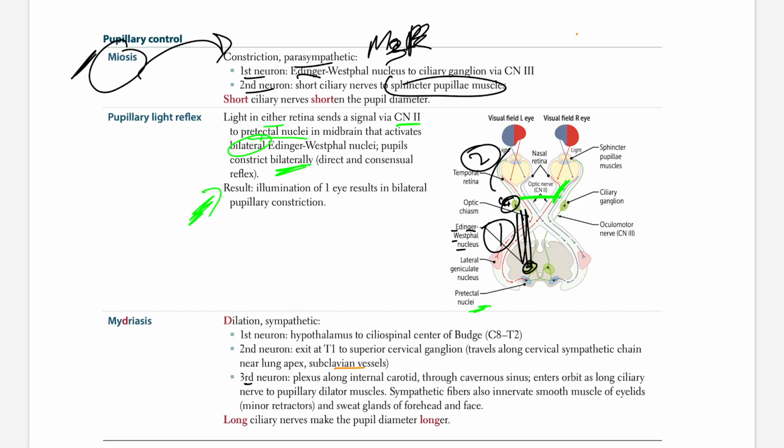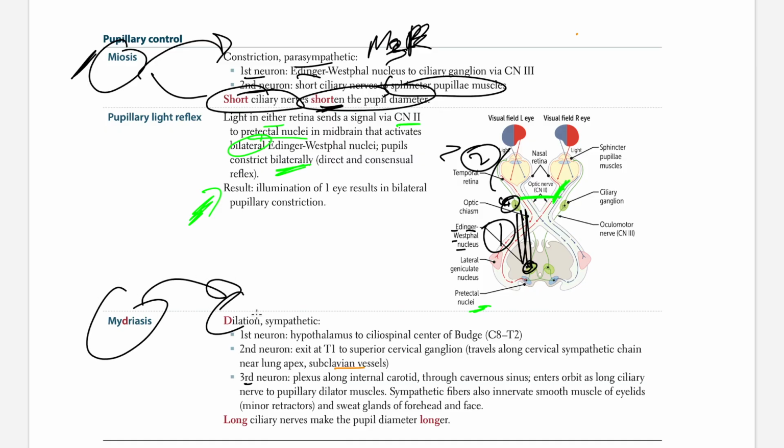That's the second neuron. An important point is the short ciliary nerves, which are the terminal nerves that do the job of shortening the pupil. So short ciliary nerves shorten the pupil diameter.